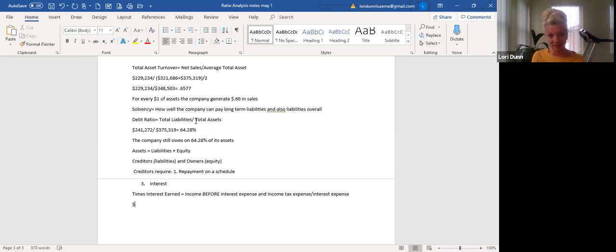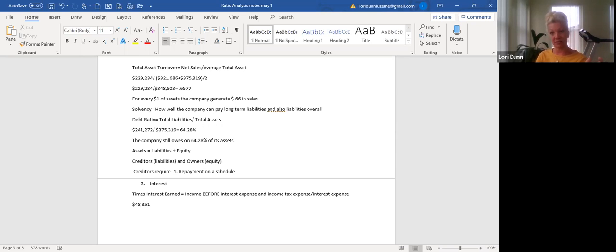So what does that mean for us? We're going to take income of $48,351. So their net income off the income statement. Make sure you see that. Since it says, no, we don't want that. We want the income before any interest expense and any income taxes are deducted. Well, those two items were deducted to get to the $48,351.